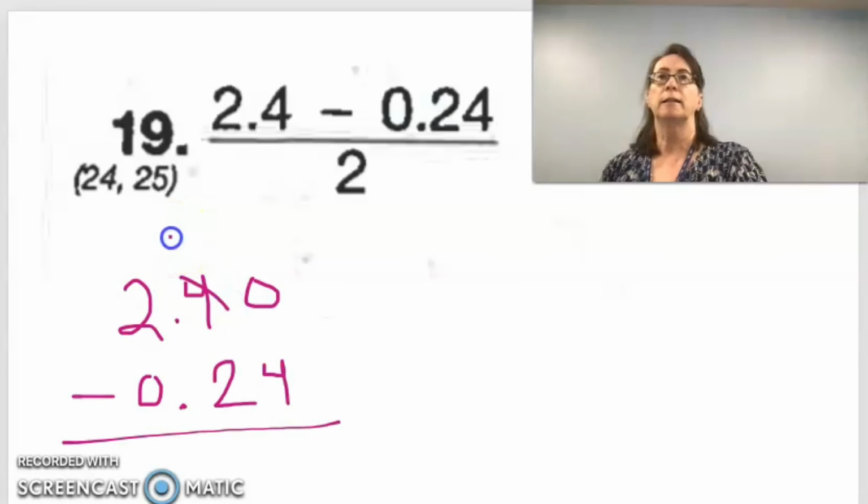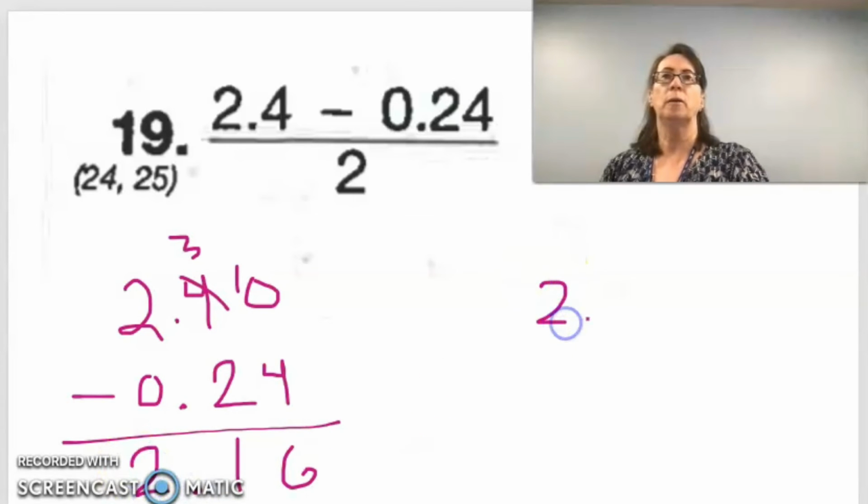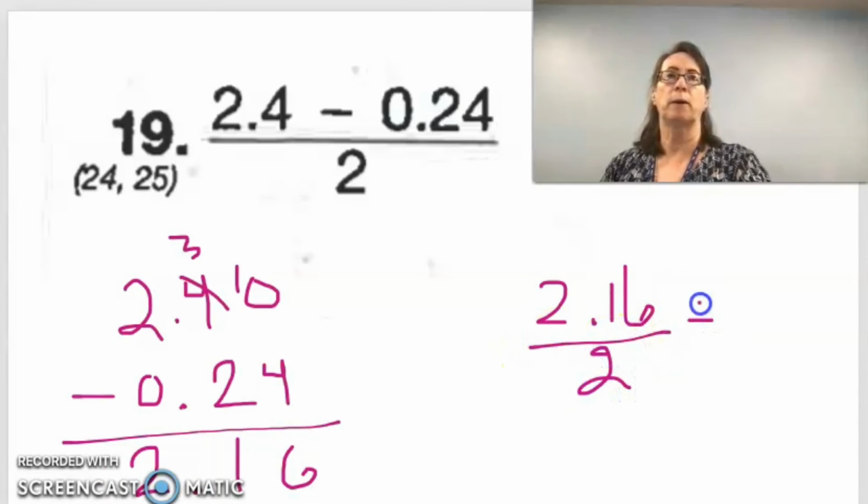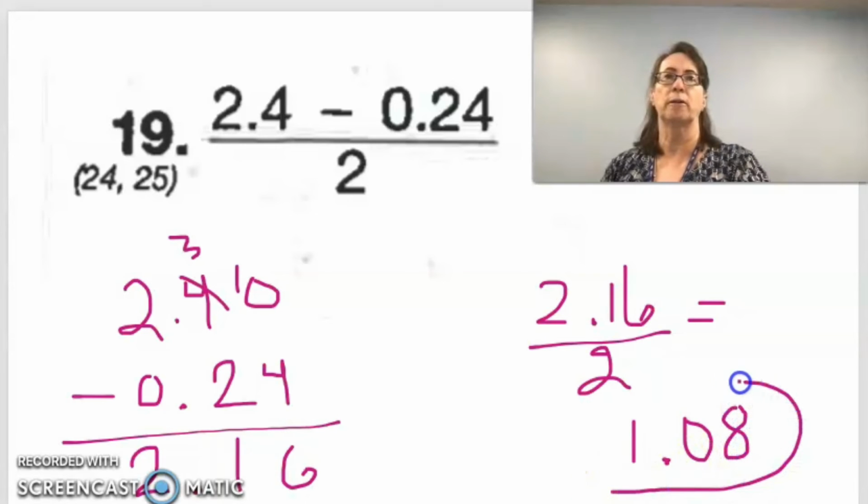So we take that, make that a 3, 10, doing my borrowing. 10 minus 4 is 6. 3 minus 2 is 1, and 2.16. So we have 2.16 divided by 2, which is going to be what? 1.08, right?